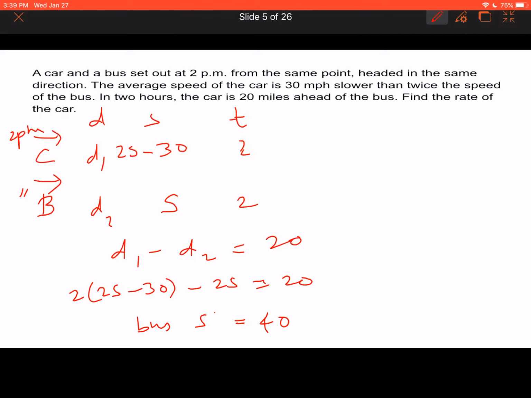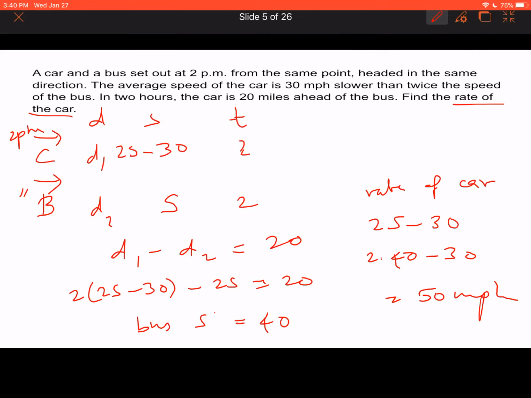What the question asks is to find the rate of the car, so we substitute s as 40 into the equation 2s minus 30, which is the rate of the car. 2 times 40 minus 30 is going to be 50 miles per hour. This is the rate of the car.